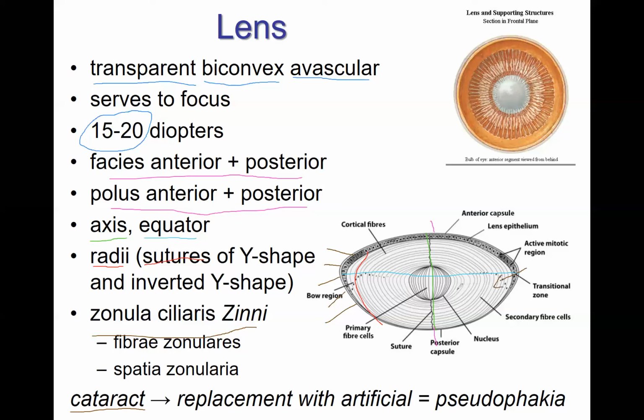With the ultrasound, we destroy the contents, we suck it out, and we put inside an artificial lens. And the term for lens in Greek is phakos, yeah, in Greek. So then pseudophakia means an artificial lens, yeah.